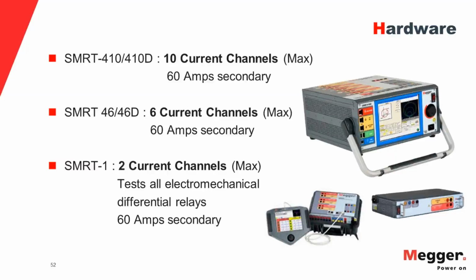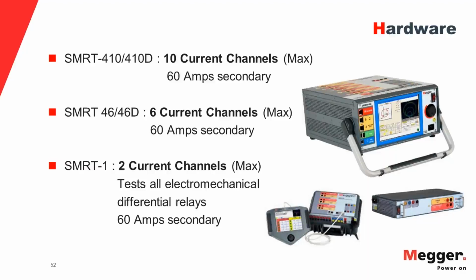It has a maximum of 2 currents, so this can test all the electromechanical differential relays out there. And the secondary, again, can go up to 60 amps. For testing your electromechanical differential relay, if you are trying to test a slope or harmonic restraint, you would require a maximum of 2 current channels. And this has been addressed by the relay tester called SMRT 1.